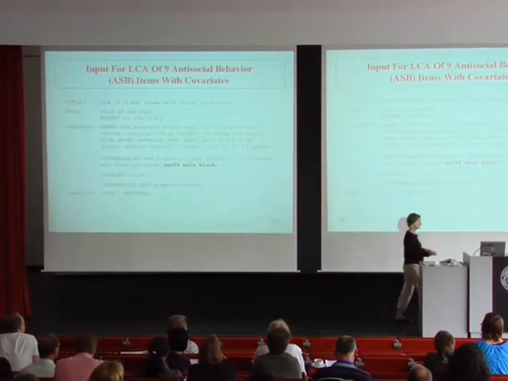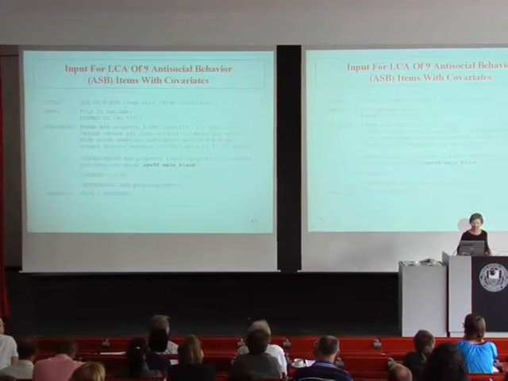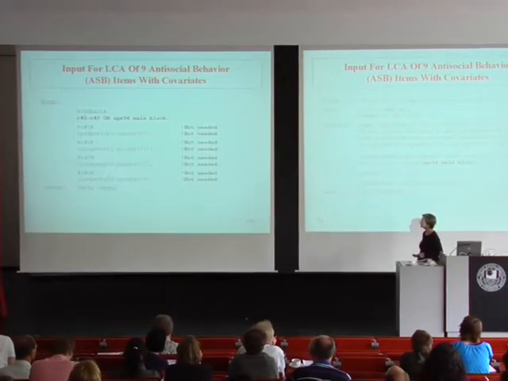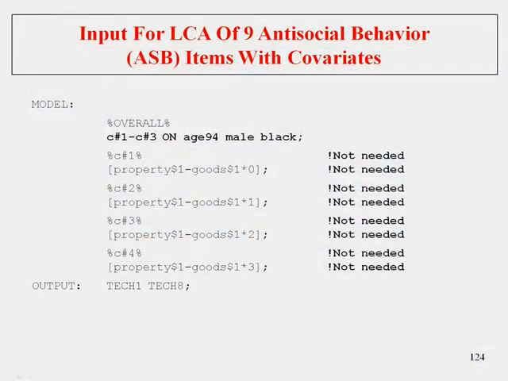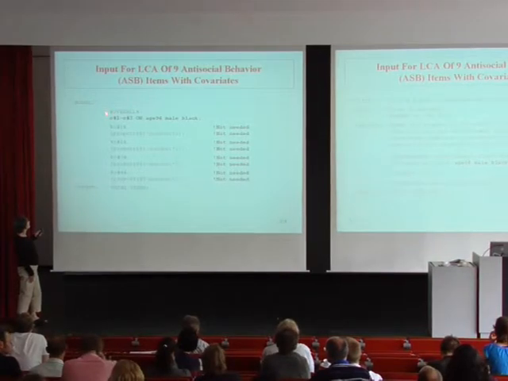in the model command. So in the model command, the way that we show the regression of the categorical latent variable on the covariates, the multinomial logistic regression, is in the overall part of the model command.